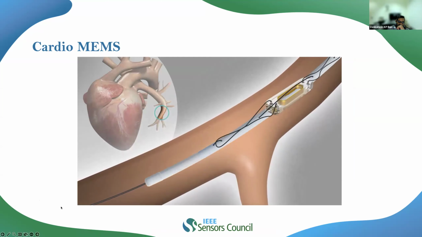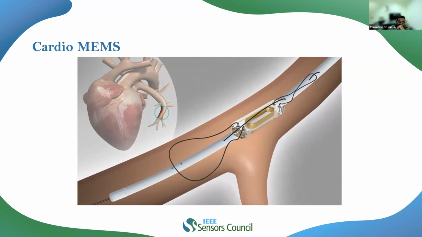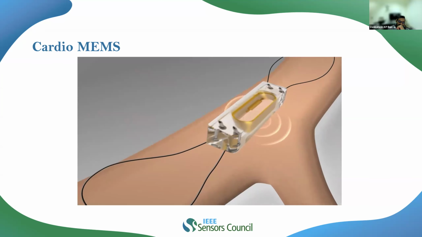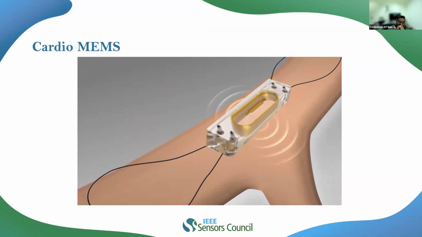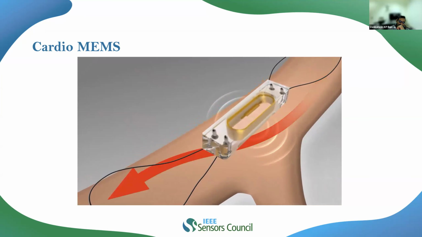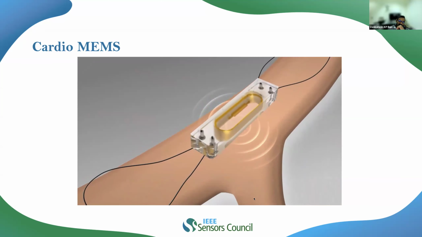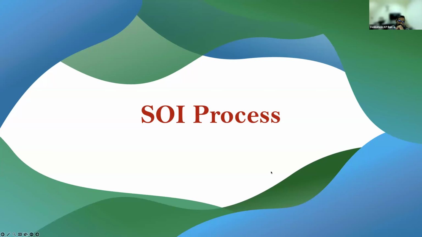Look at this. Here I have a MEMS device. Look at what it does. It is sending us the signals. See what it does. Whenever there is a blood clot, the MEMS device could be helpful for the healing purpose as well.